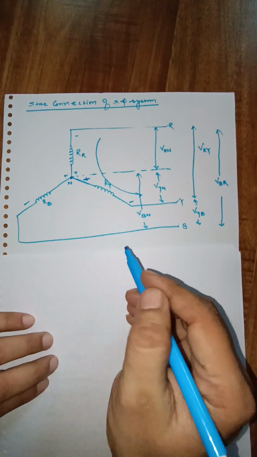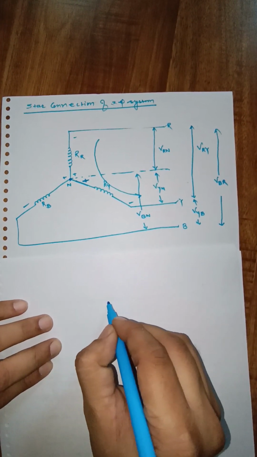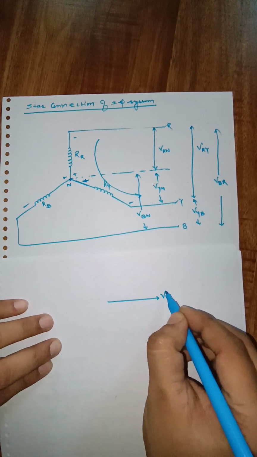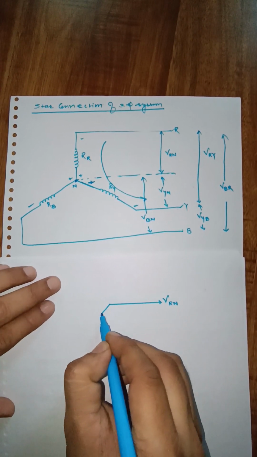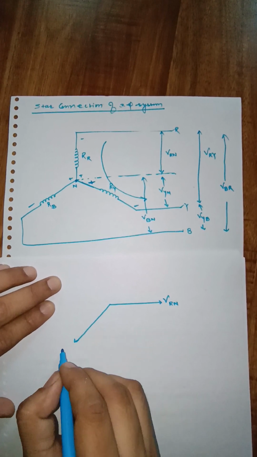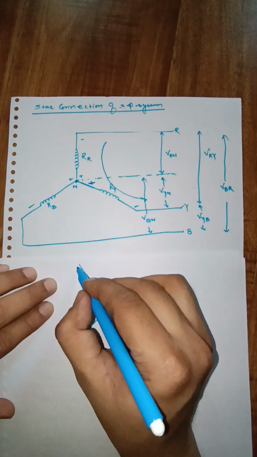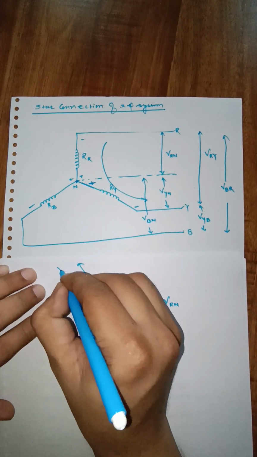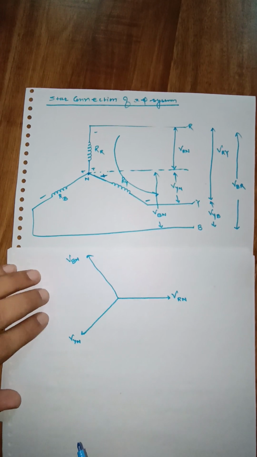Let me take this, this will be your VRN, then VYN will be at 120 degree, and VBN will be again at 120 degree from VYN. This will be your phasor diagram.